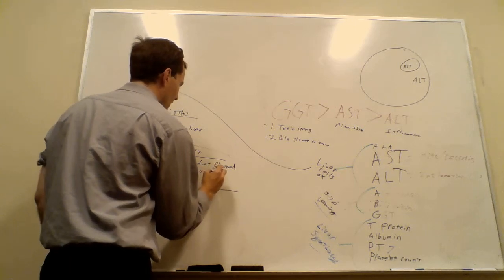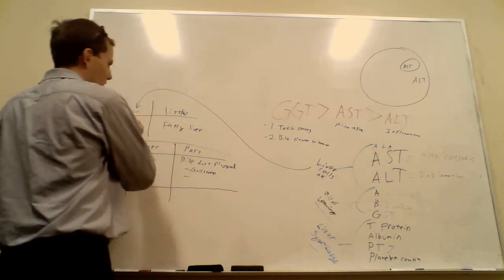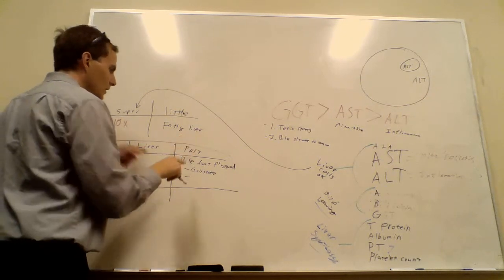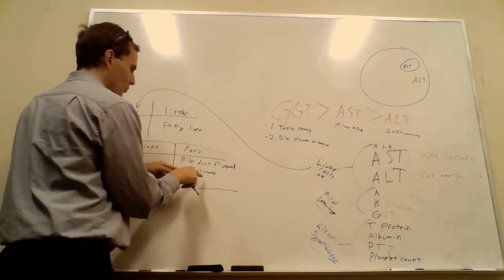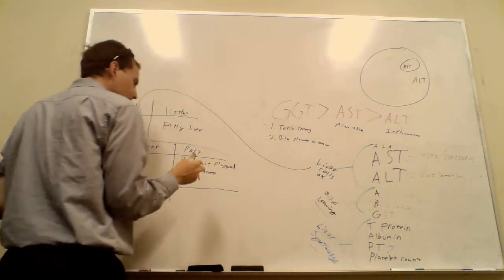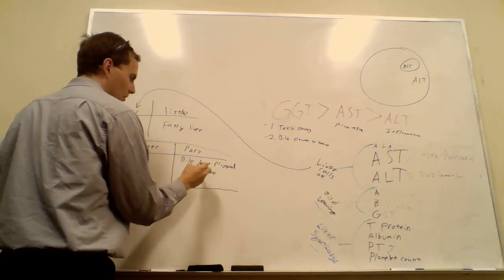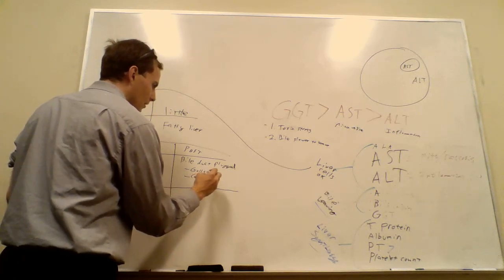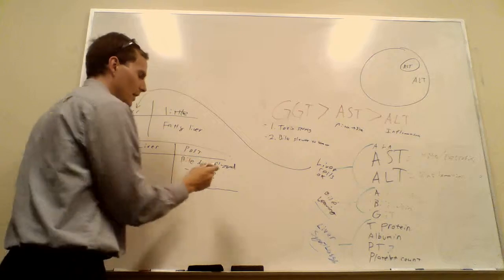These are the two most common. Hepatitis is the most common cause of high AST and ALT, and then for high alk-phos and bilirubin, the highest are going to be gallstones and cancer of the head of the pancreas, because the pancreas is right there next to the bile duct.